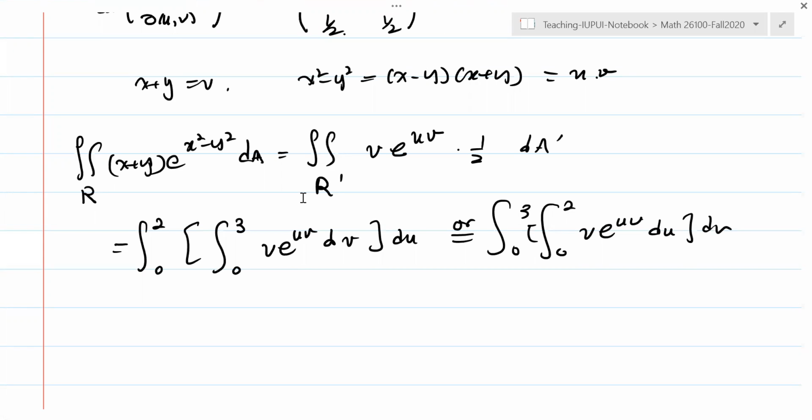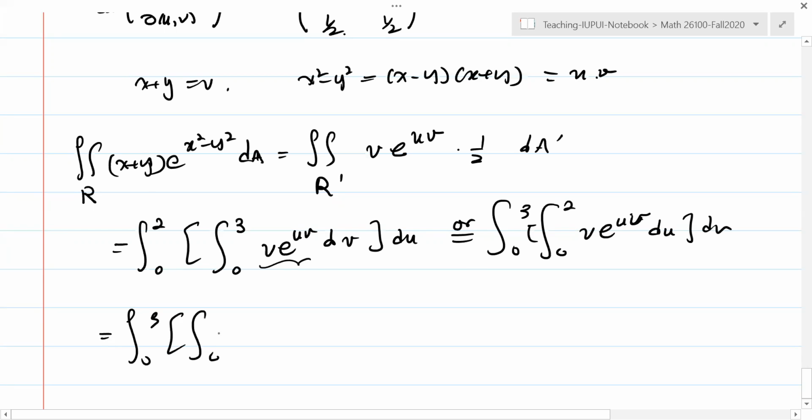I think the second one is better. If you integrate with respect to v first, you have a v outside and a v in the exponent, so I think it's more complicated. The second one is better because of the antiderivative. That's why I wrote down two of them here.